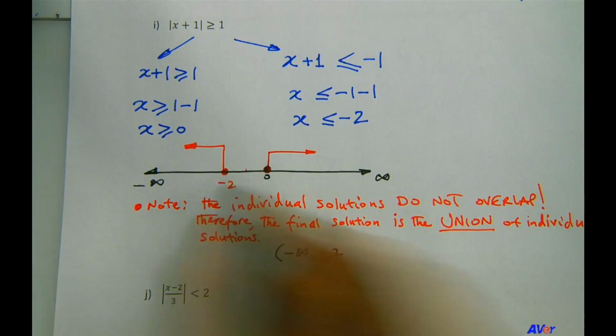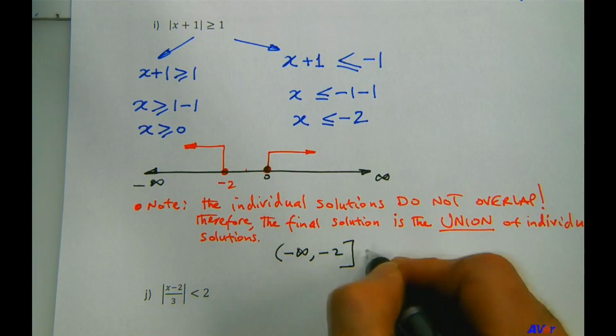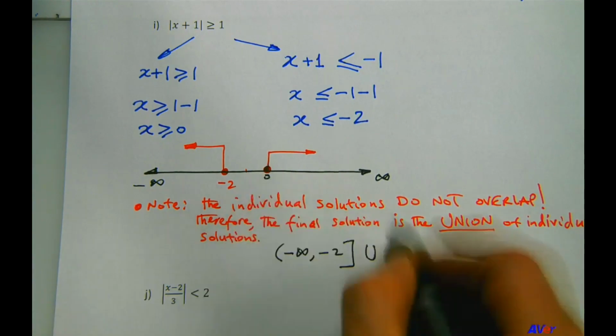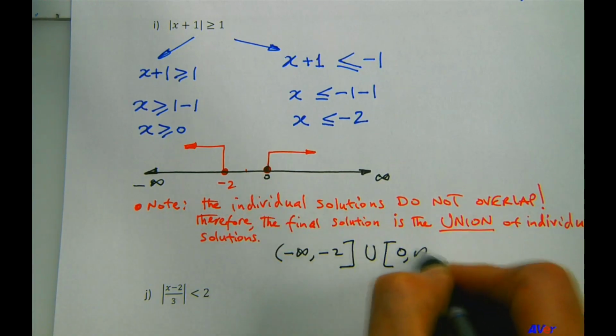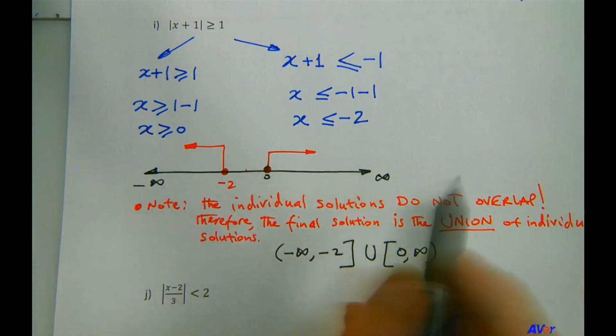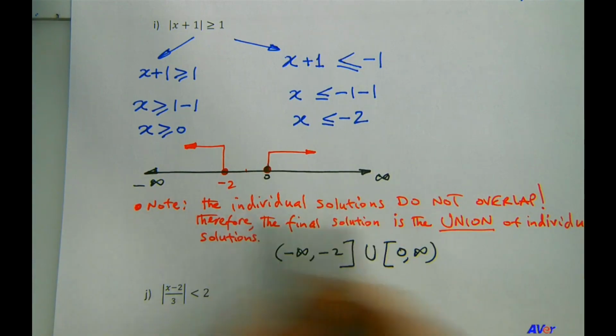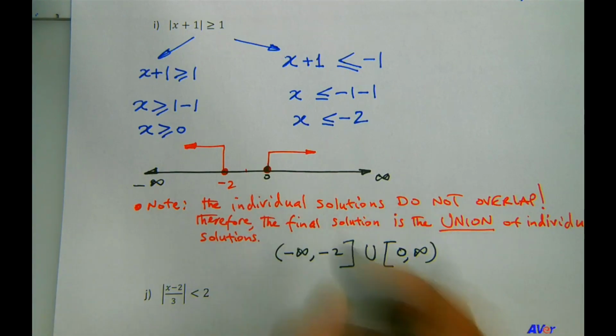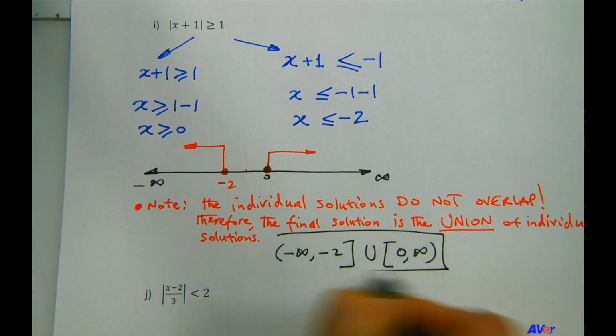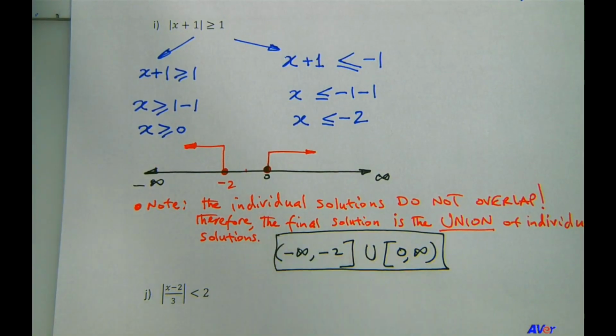Is negative 2 part of the solution? Yes, so bracket. Union: is 0 part of the solution? Yes. Bracket 0 comma positive infinity. So if the individual solutions do not overlap, the final solution is the union of the solutions.